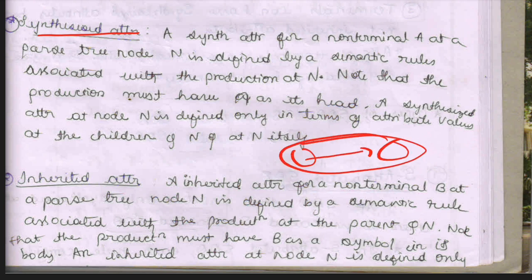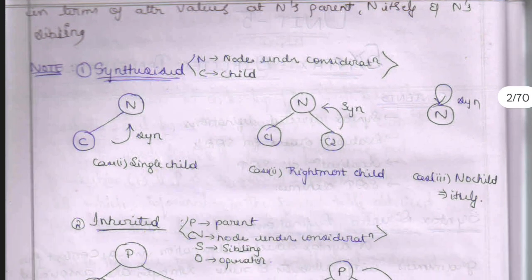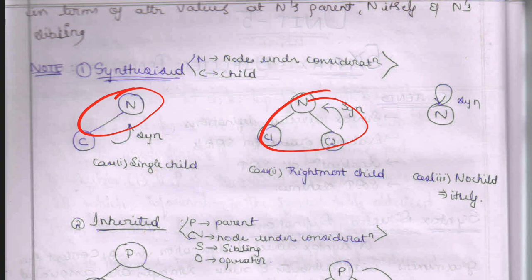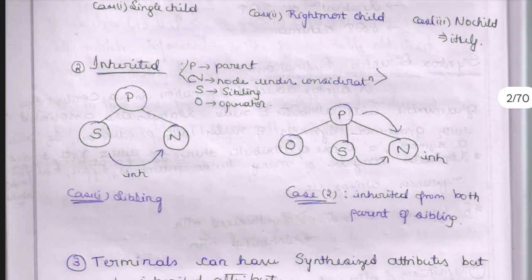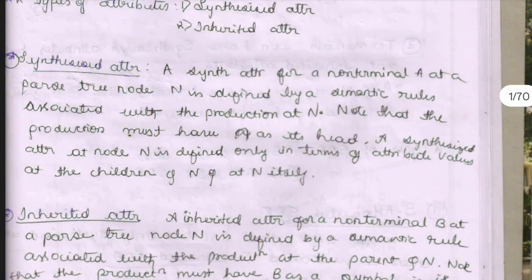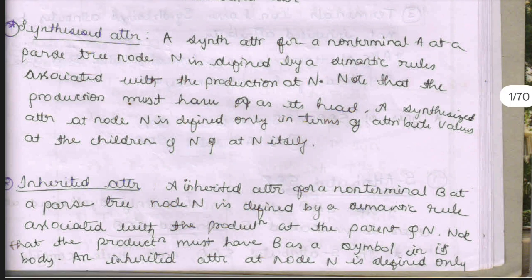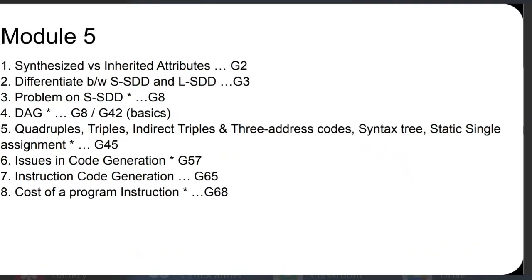Inherited attribute means either you are taking from the parent or from the siblings. Synthesized means there is a direct relation between the node and the child node. Inherited means either you are taking from the sibling or from the parent, or both. This is what you have to write like a diagram, and you have to explain it in the theoretical manner as it's present here. That is the first question, synthesized and inherited attribute.